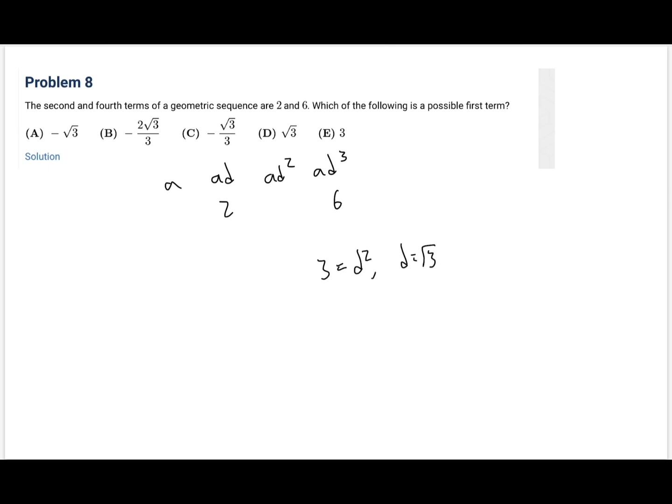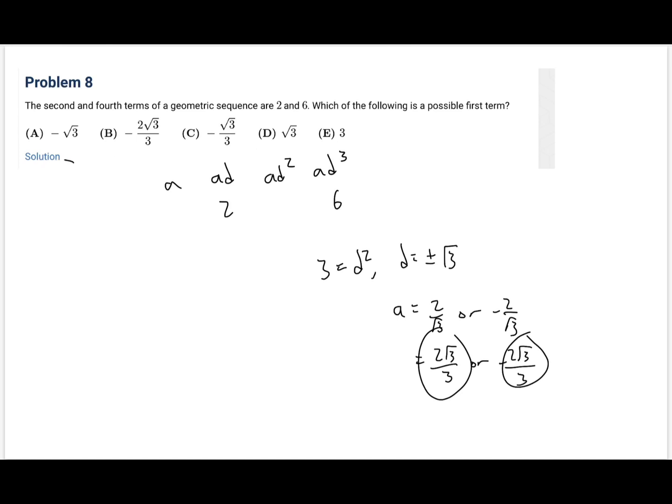And so the possible first term, so D is plus or minus root 3, so A could be 2 over root 3 or minus 2 over root 3, which is 2 root 3 over 3 or minus 2 root 3 over 3. So any of these is here. Okay, so we see that this is here, so the answer is B.